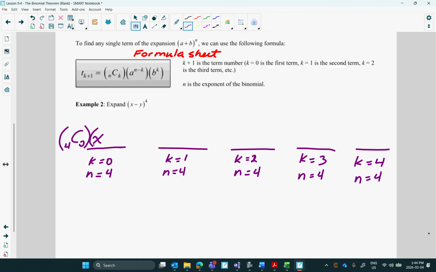Multiplied by the first term in the binomial, which is x, raised to the n minus k, which is 4 minus 0. Multiplied by the second term in the binomial, which is what? Negative y. Don't forget the negative. Raised to the k, which is 0.